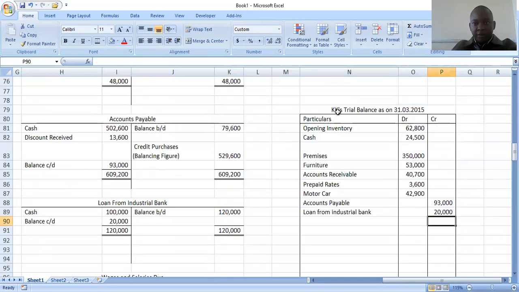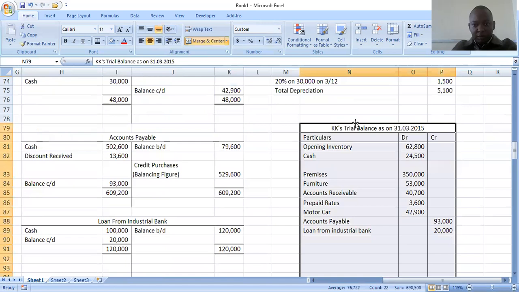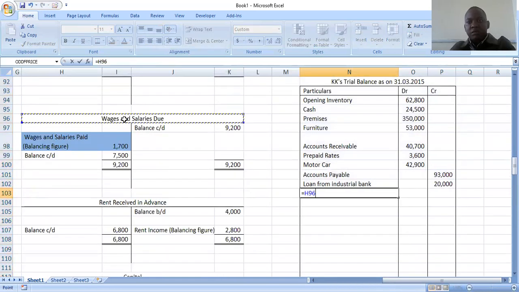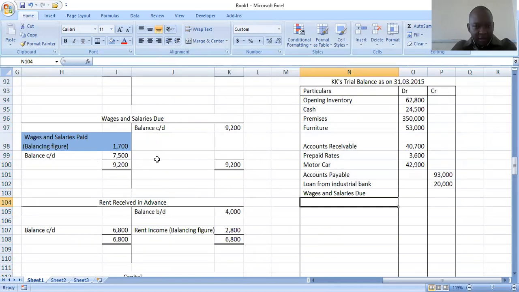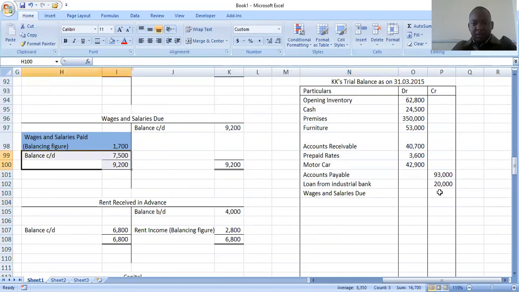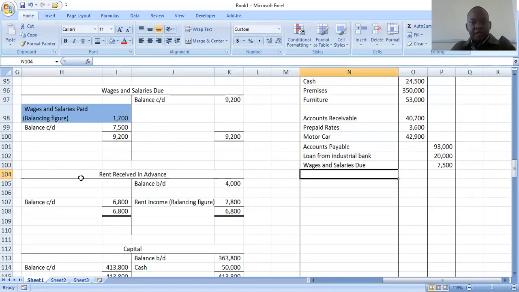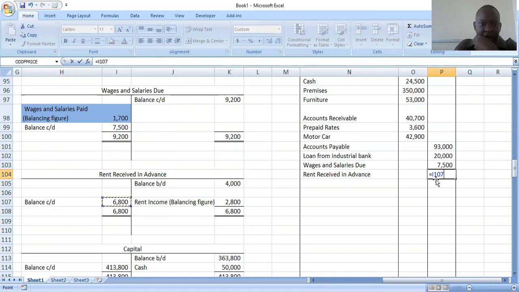Then we have wages and salaries due, which is a liability, and being a liability should be a credit balance. So on the credit side, 7,500. Then we have rent received in advance, which is a current liability, and being a current liability, it should be a credit balance. So 6,800 is on the credit side.